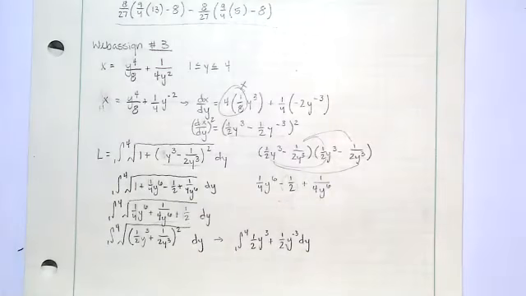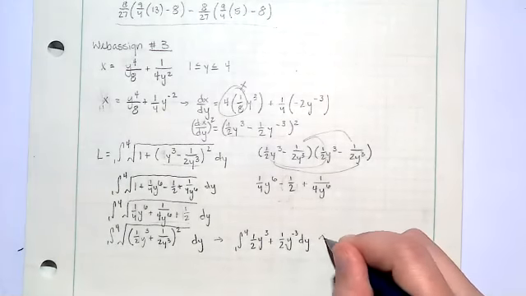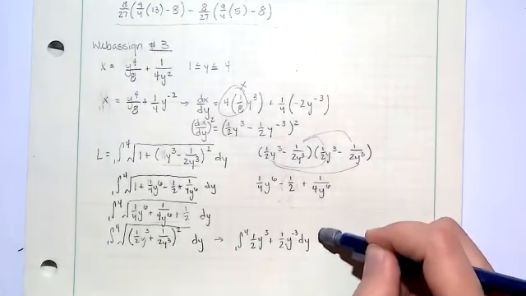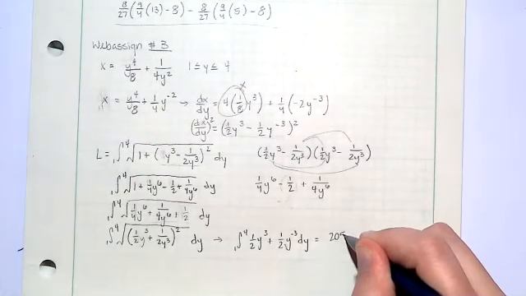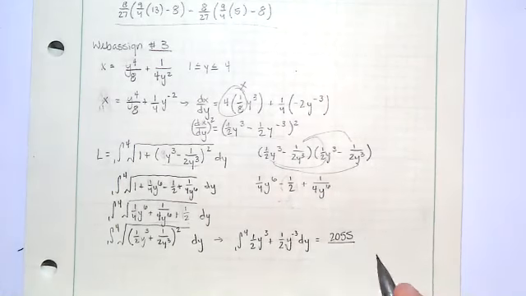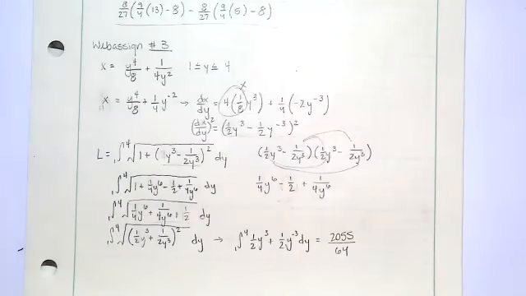And then you go from there, and you should come out with 2055 over 64.